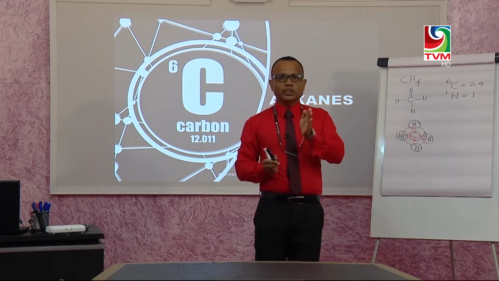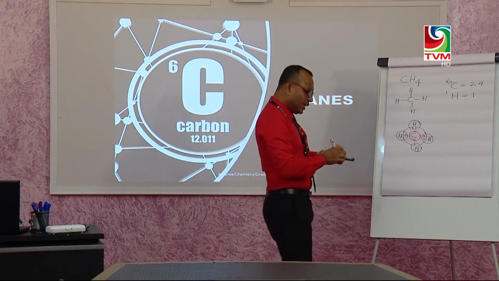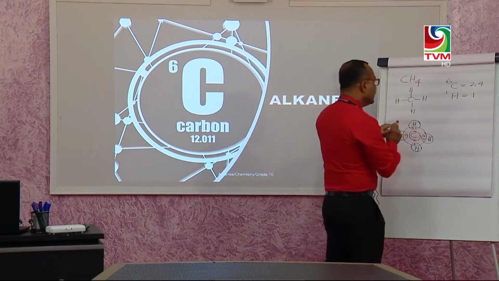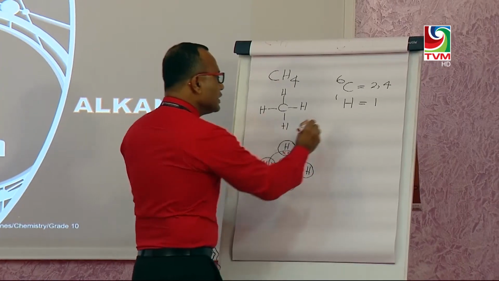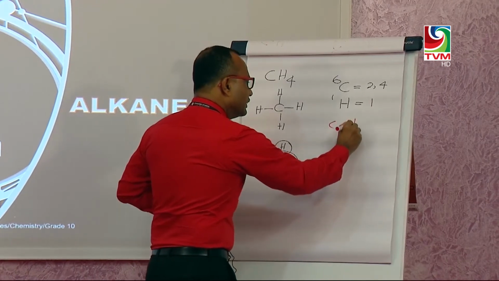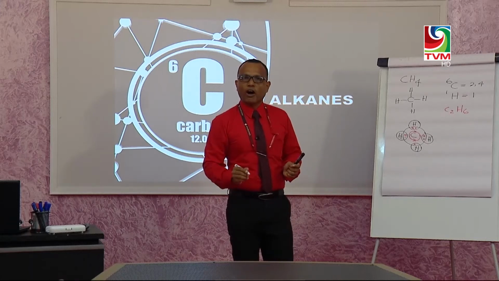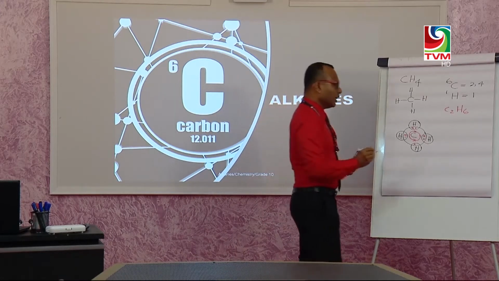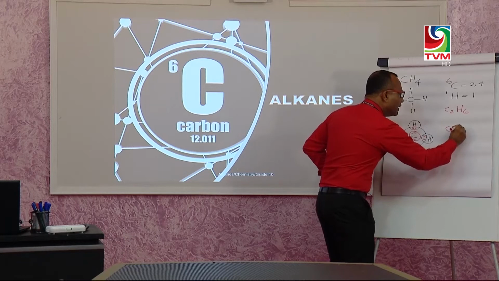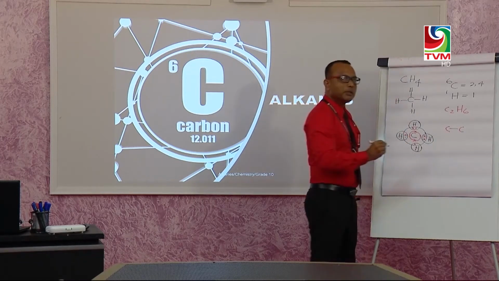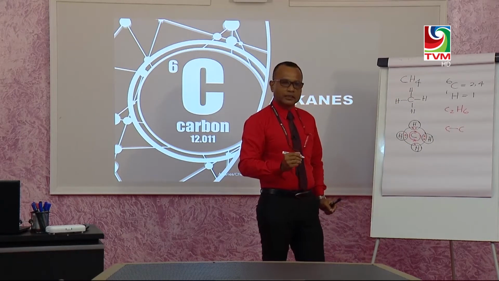If you move to the next one, it is ethane. You all know now, ethane is C2H6. First we will draw the structural formula of ethane. 2 carbons in a line and a single bond between the 2 carbon atoms.